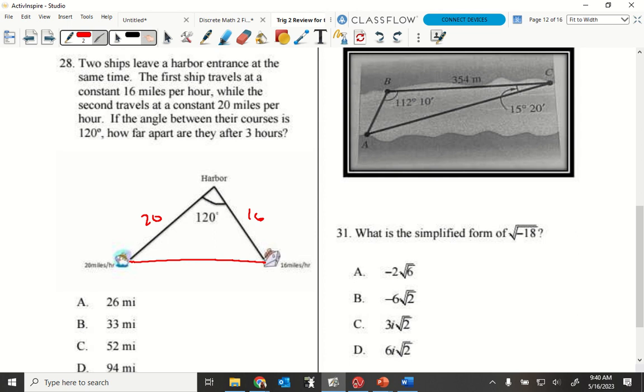You drive for 20 miles an hour for 3 hours. How far do you go? 60. Next one: 16 miles an hour for 3 hours. How far did you go? 48.